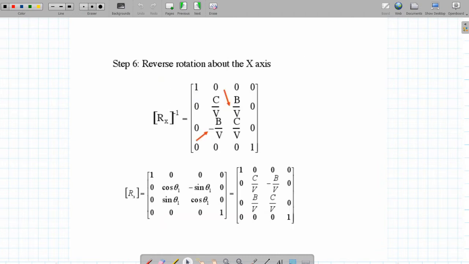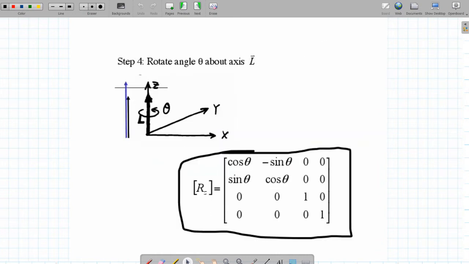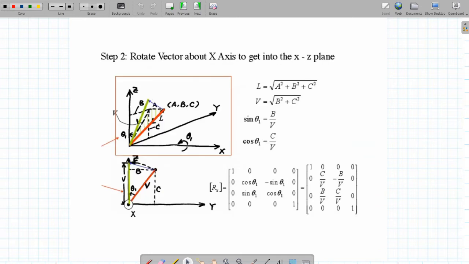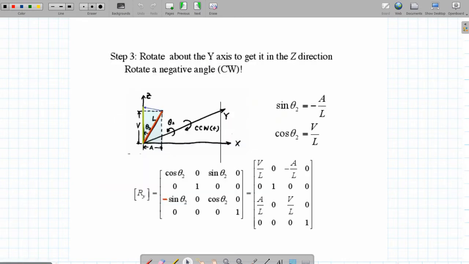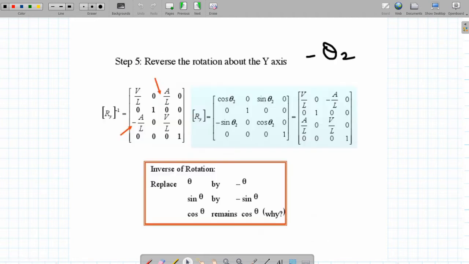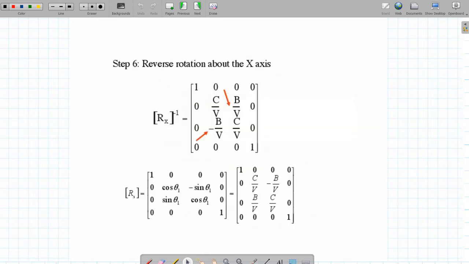Then you need to rotate everything so that you get to the position at which you had arrived after translation, where your arbitrary axis passes through the origin. In this case, your angle of rotation should be minus theta 1.